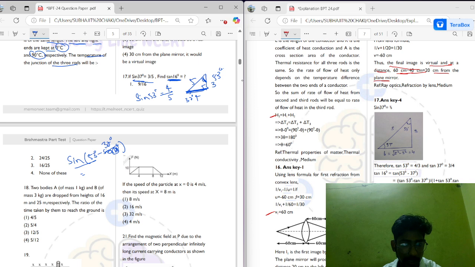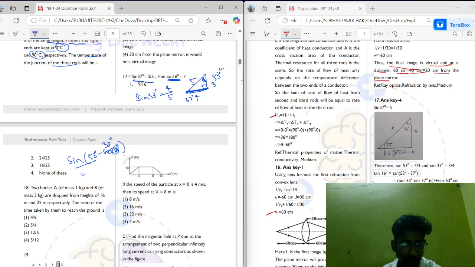Initial kinetic energy is half into 0.5 into 4 square, since the initial velocity is 4 meter per second. Therefore 60 plus 4 is 64, half mv square. 64 into 2 means 128, divided by 0.5 equals v square, means 256 equals v square. That means v equals 16. The answer will be option number 2.